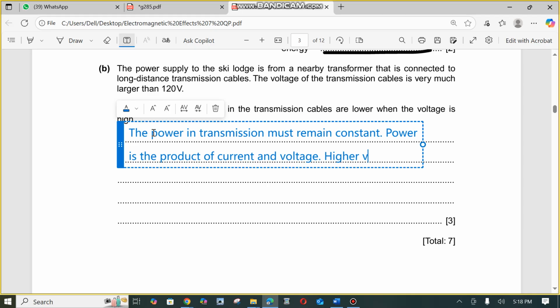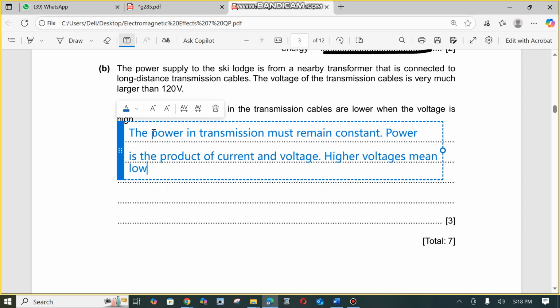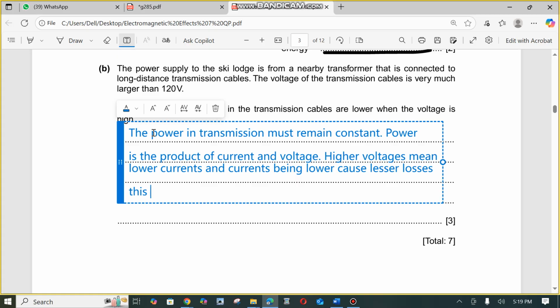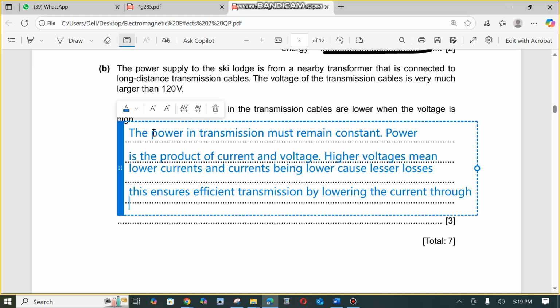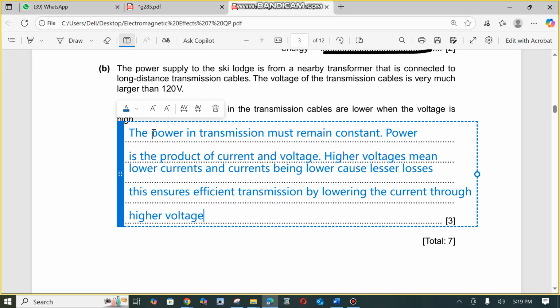Higher voltages mean lower currents, and currents being lower cause lesser losses. This ensures efficient transmission by lowering the current through higher voltages.